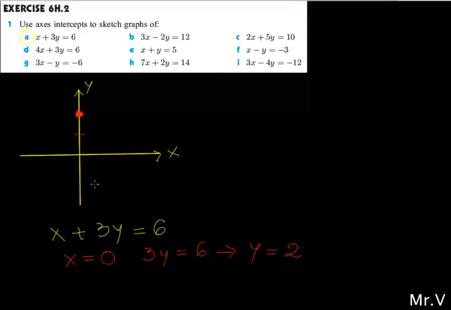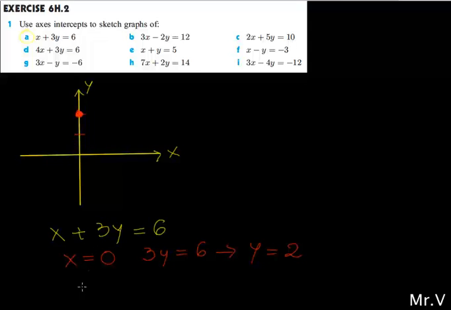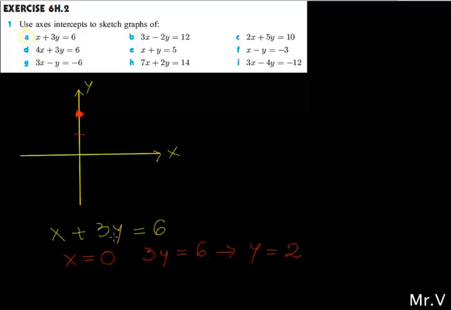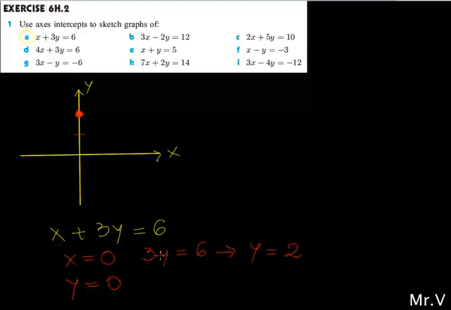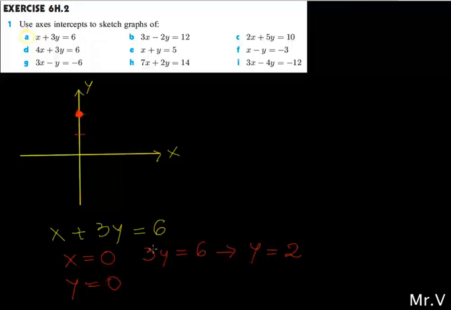Now, the second point is to find the x-intercept. To find the x-intercept, I have to make y equal to 0. Remember, whatever you're looking for, you choose the other letter and you make that equal to 0. If y equals 0, this guy is gone. 3 times 0 is 0, so it doesn't exist.